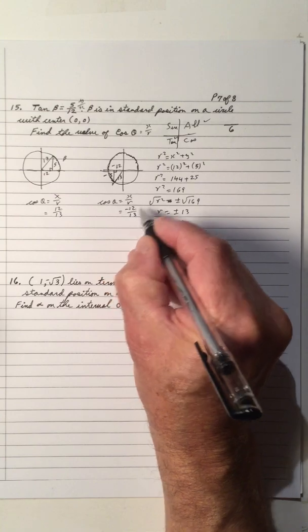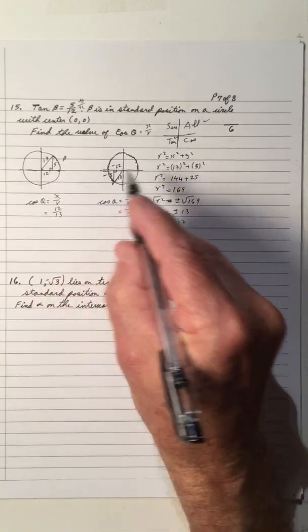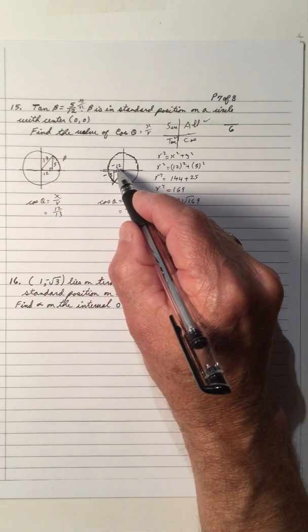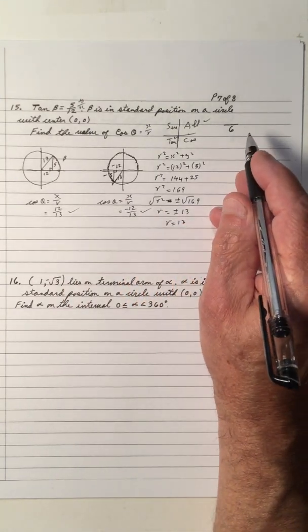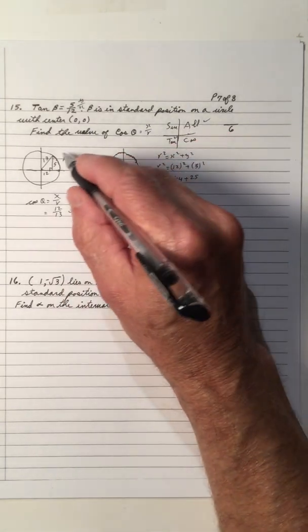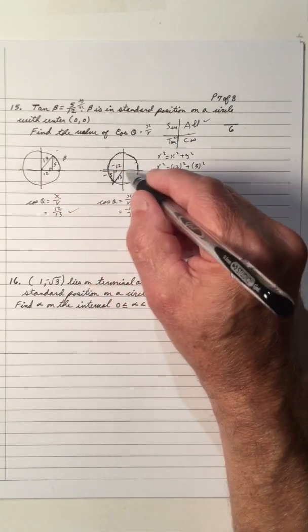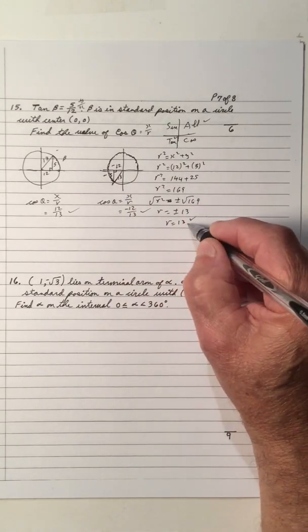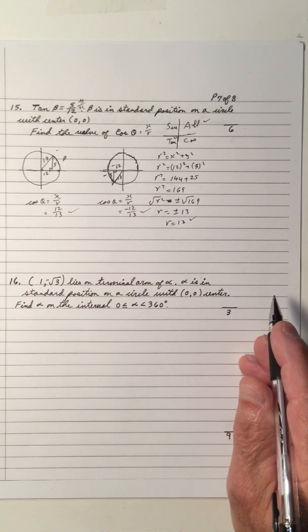Notice the radius is 13 each time, positive, but in the first quadrant the x is positive, in the third quadrant the x is negative. So there's the two answers. So 6 marks altogether. If you picked up the right quadrants, 1 and 3, give yourself a mark. If you drew the two diagrams, give yourself a mark each. If you picked up the radius is 13, give yourself a mark, and if you got the two answers, 2 more marks, 6 altogether.